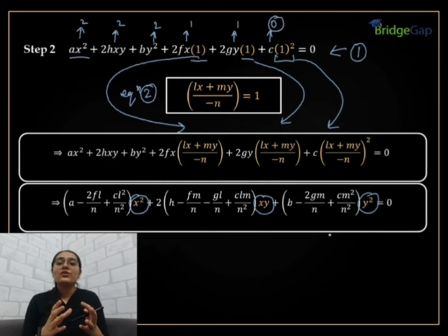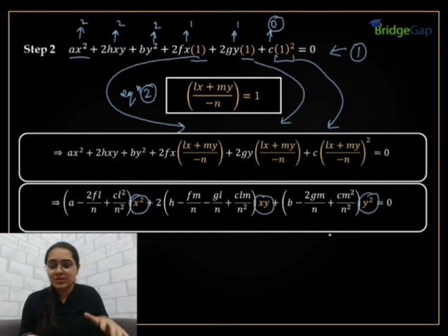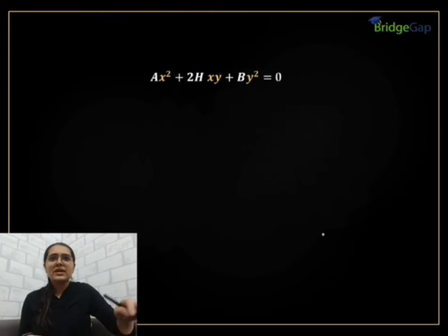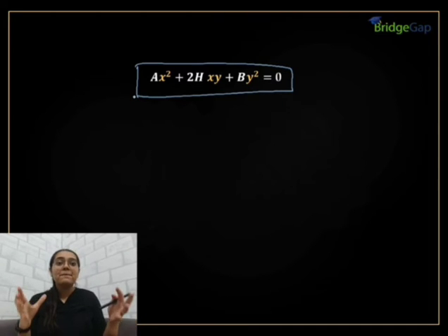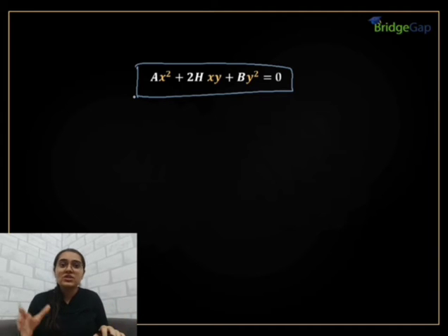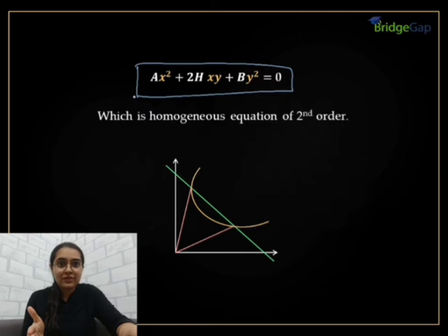All the terms with coefficient x, y are vanished. The constant term is vanished. All that is left is just a homogeneous equation. And what I do here is, I replace it by a, I replace it by h, I replace it by b. So what do I get here? This equation. And this equation is nothing but the equation of a pair of straight lines that pass through the origin. You see, this is a homogeneous equation of second order and this is our figure.